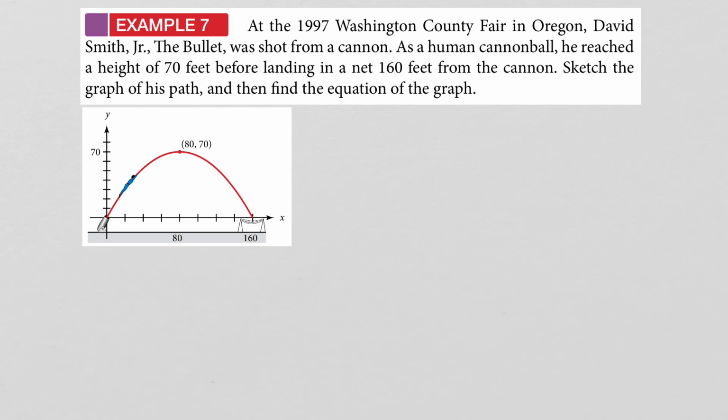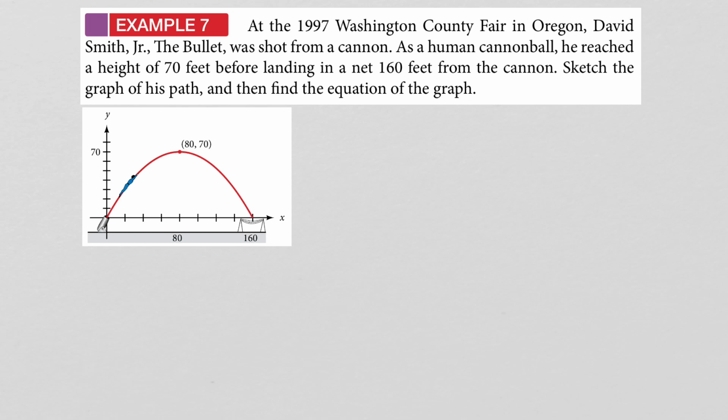And for our final example, at the 1997 Washington County Fair in Oregon, David Smith Jr., the Bullet, was shot from a cannon. As a human cannonball, he reached a height of 70 feet before landing in a net 160 feet from the cannon. Sketch the graph of his path and then find the equation of the graph.